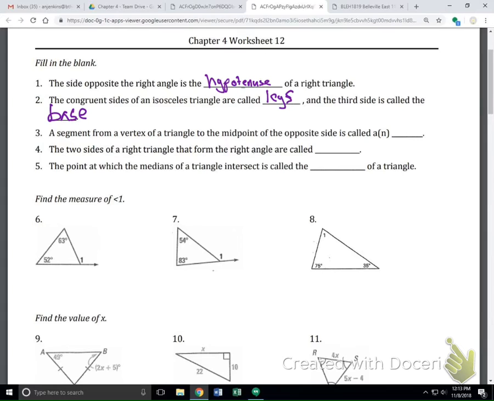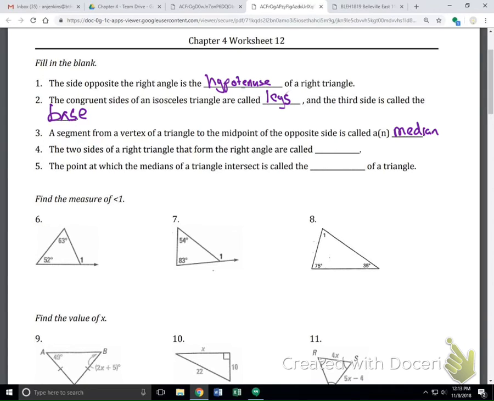The segment from the vertex of the angle to the midpoint of the opposite side is called the... Not yet. What's the other one? It starts with an M? Median. The median. So that's yesterday's lesson. And our median goes from our vertex of the triangle to the midpoint of the opposite side.